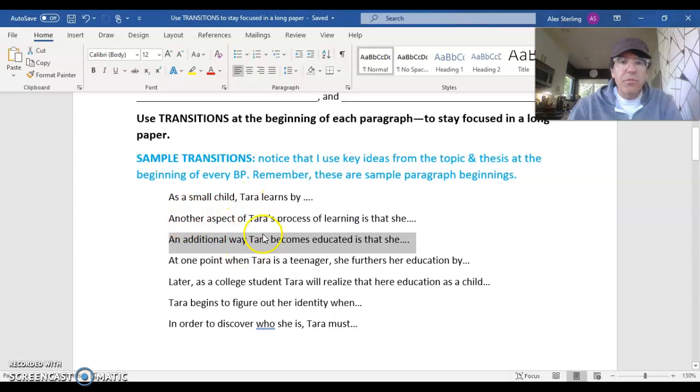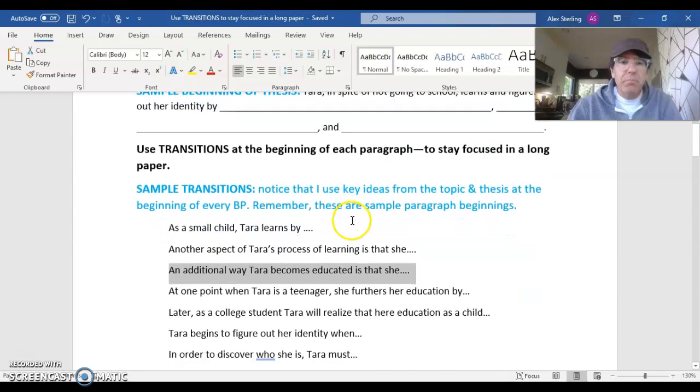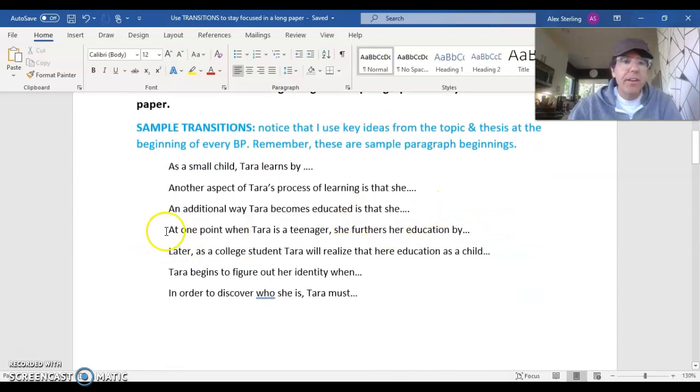So notice that for a paragraph beginning, you're referring back to your thesis and your topic at the beginning of every paragraph. At one point when Tara is a teenager, she furthers her education by. So all these are keeping your reader's mind on that theme of learning and becoming educated.